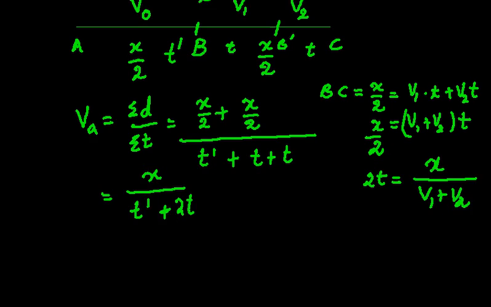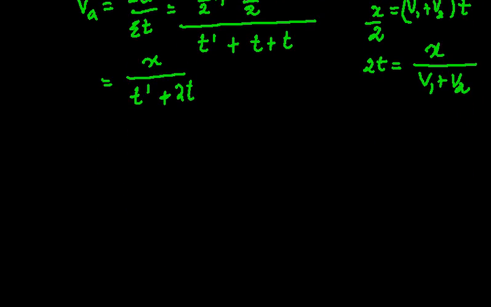Now dragging the screen for more space. So if we were to look at this particular problem, this average velocity would end up as x divided by t dash plus 2t. What's t dash? As we all know, time is equal to distance by velocity.